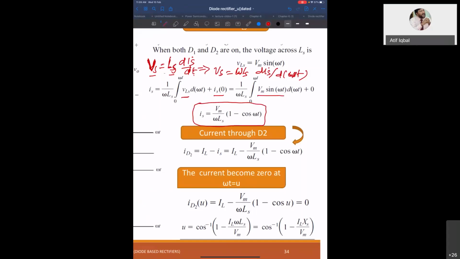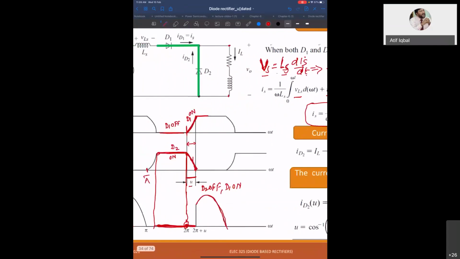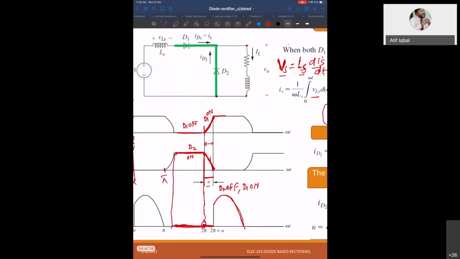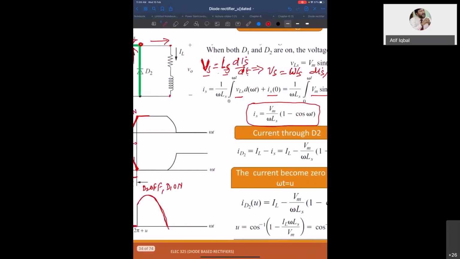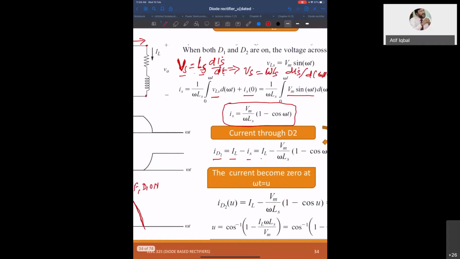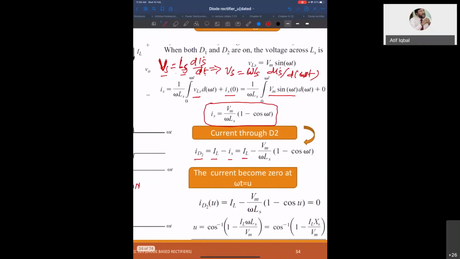Now, what is the current through diode D2? If you apply KCL here, this is your source current, this is the diode current, and this is the load current. So the diode current is the load current minus the source current. Load current is IL, and the source current we just obtained.